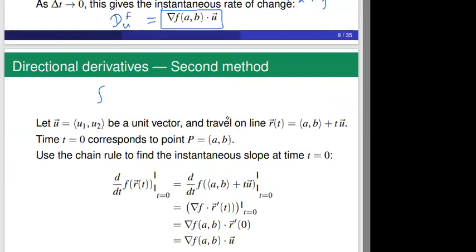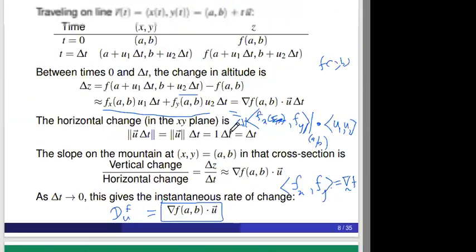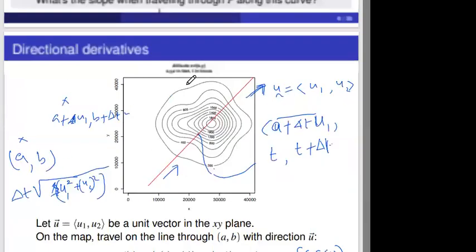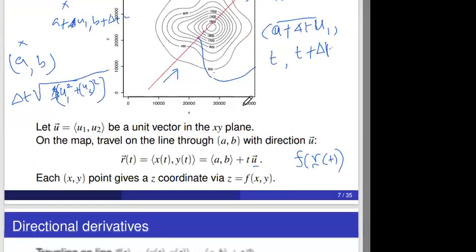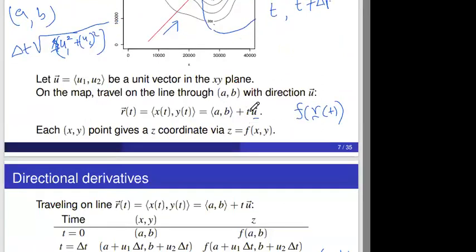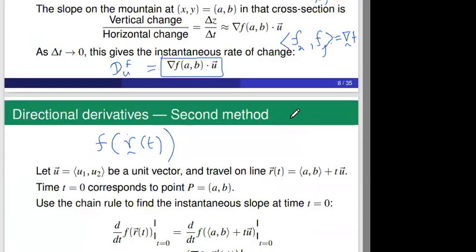So f of r of t. Now our path is this straight line, so r is the straight line.